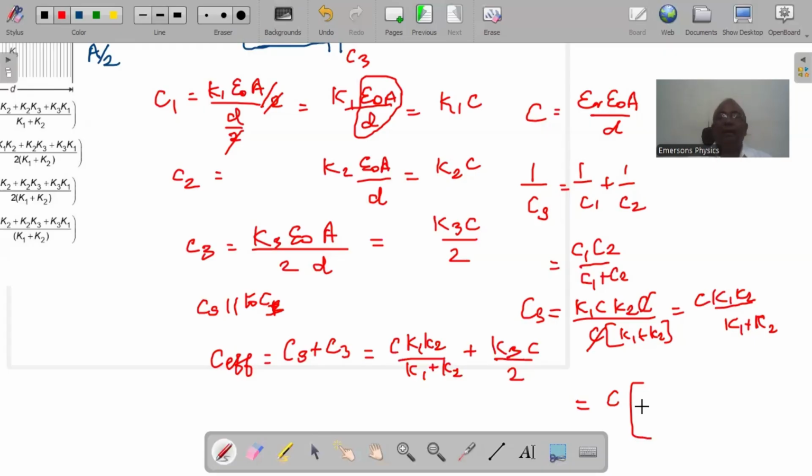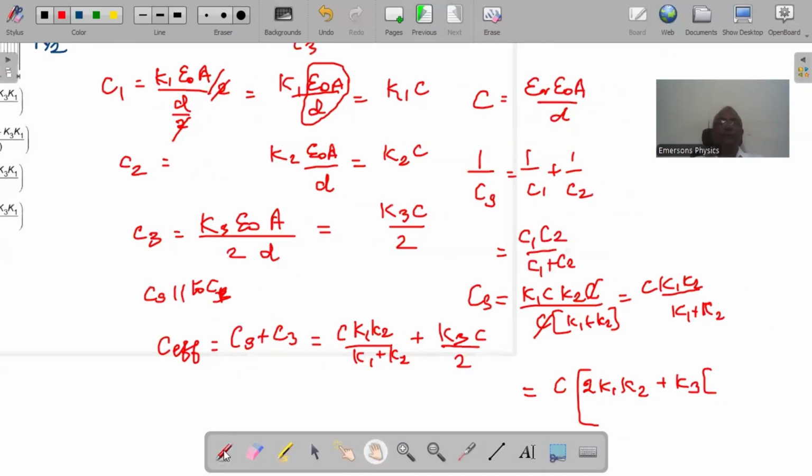In terms of epsilon naught A by D is what they have given. Anyway, see, we took common: 2K1 K2 plus K3 into K1 plus K2.